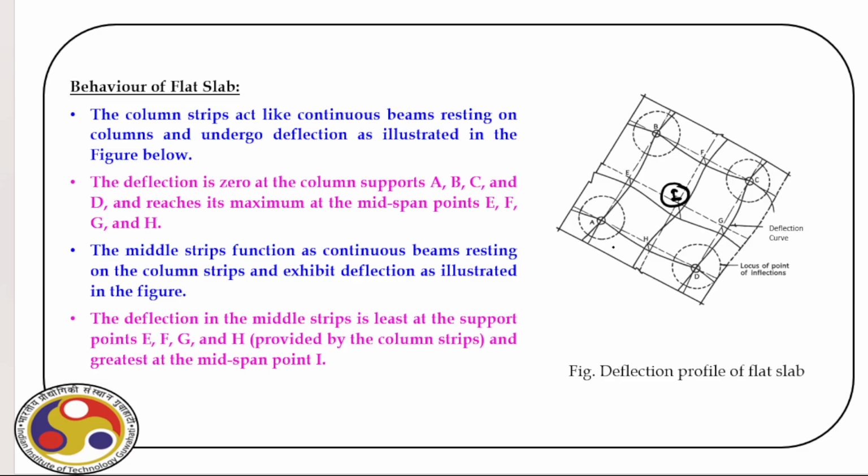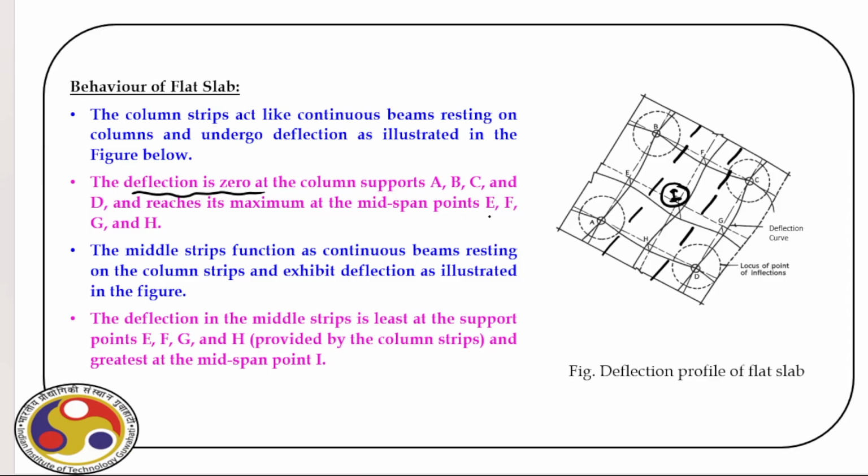Recall in two orthogonal directions, we have column strip and middle strip, right? So we'll design it accordingly. For the middle strip, obviously we have to consider the moment that is causing maximum deformation at the middle. The point I is marked on the screen. Now, just to sum it up, point A, B, C, D, which are the support points, there we have zero deflection.